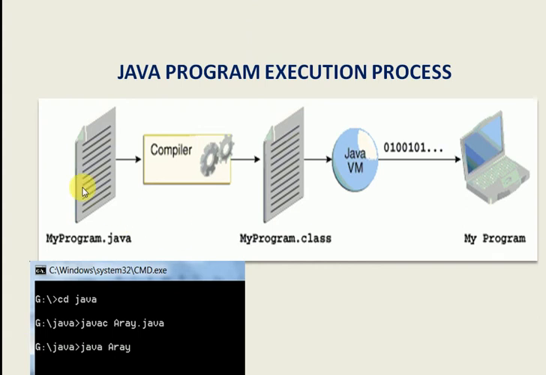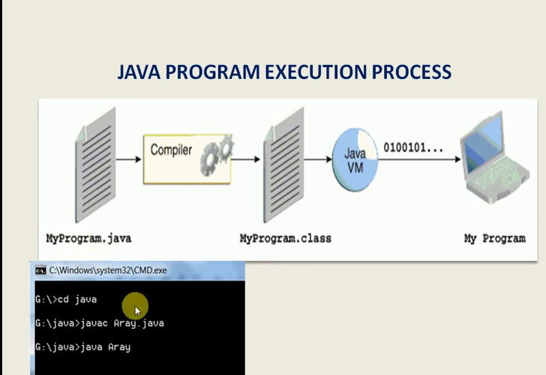The next slide shows the process. The diagram shows that I am in the Java folder, where my file is prepared as a text file in Notepad with the extension .java, and then I compile it with the command javac followed by the file name, suppose array.java.